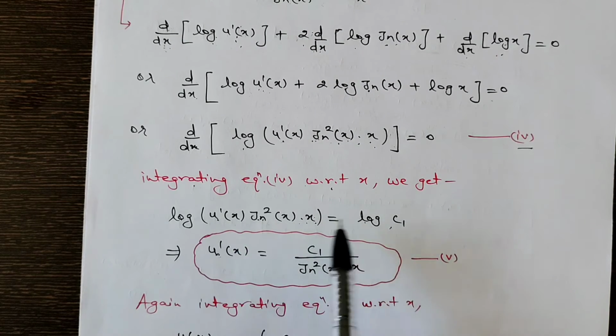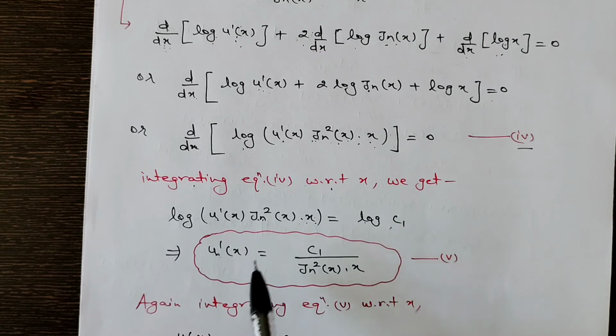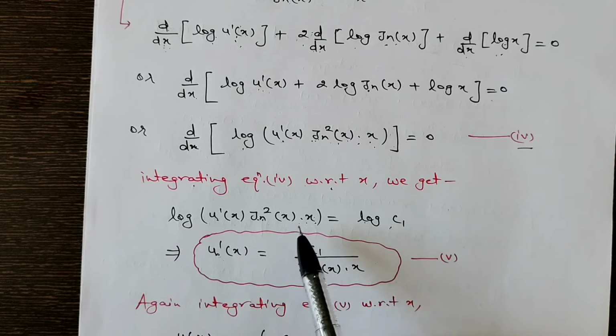So from here you can take the anti-logarithm on both sides, so that this logarithm function is cancelled, and we can determine the value of u prime x as c1 divided by jn square x into x.